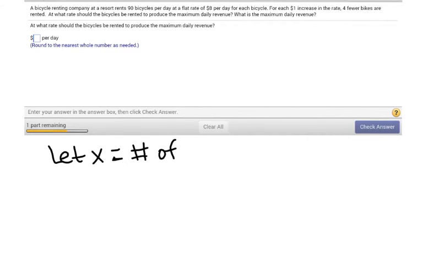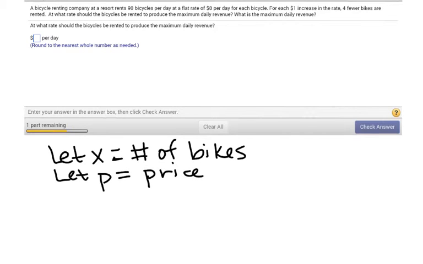The number of bikes that we rent depends on how much we're going to charge. And then we're going to let P be the price. So that's the price that we're renting at.